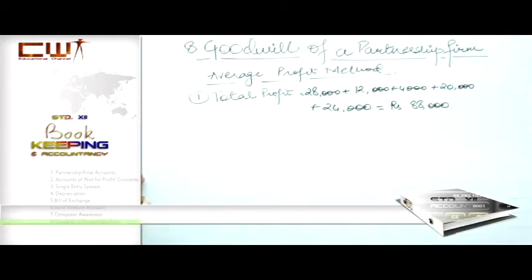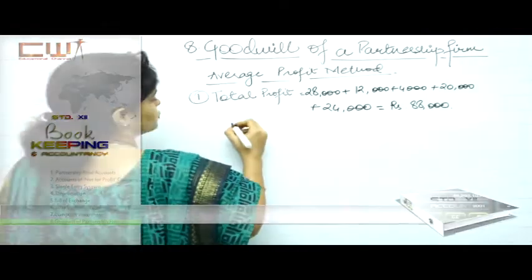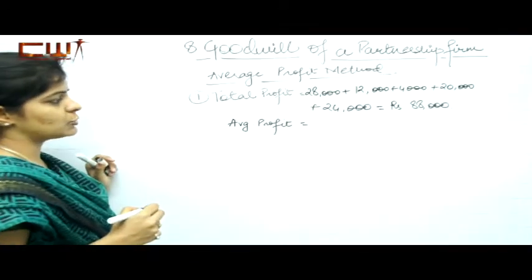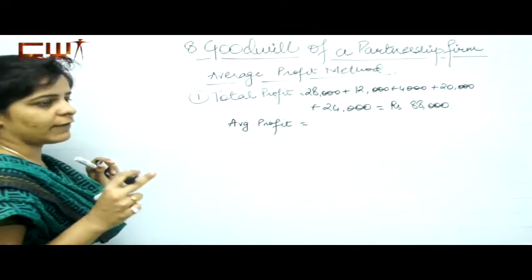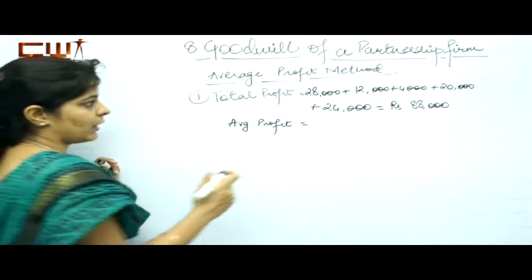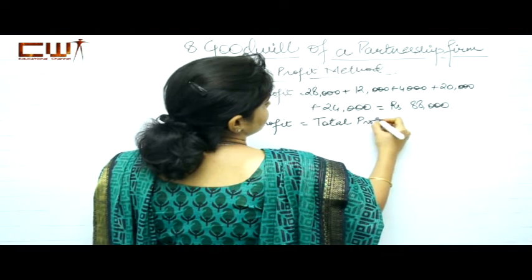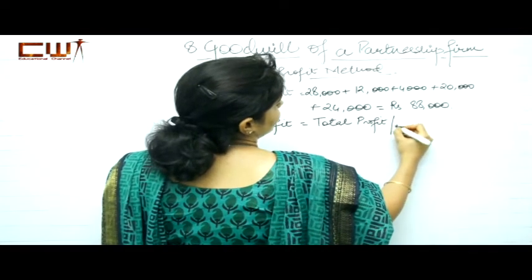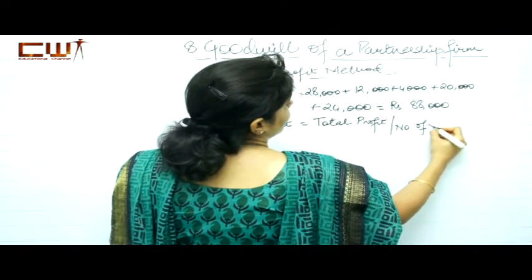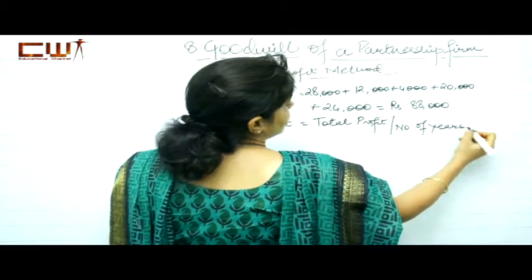Now what is the next step? You have to find out the average profit. How do you find out the average profit? Total profit divided by the number of years.